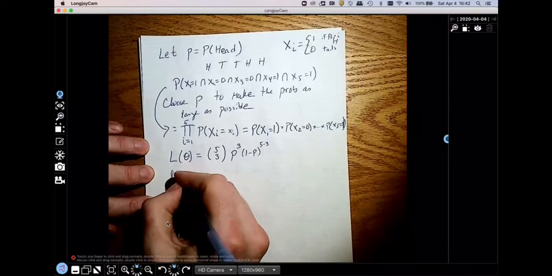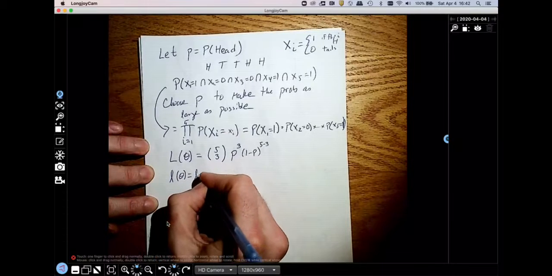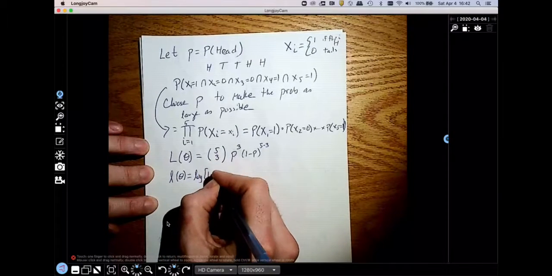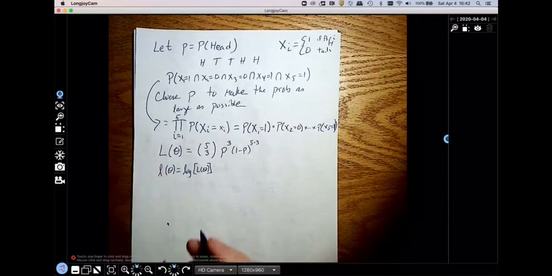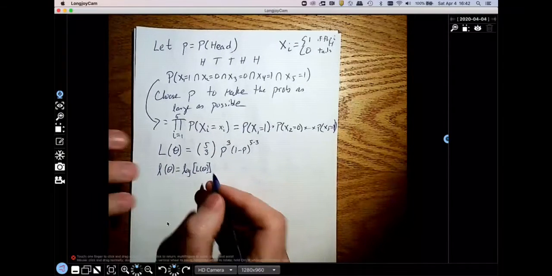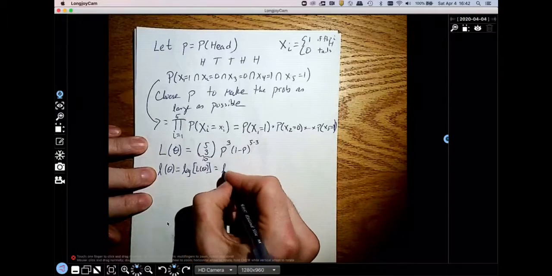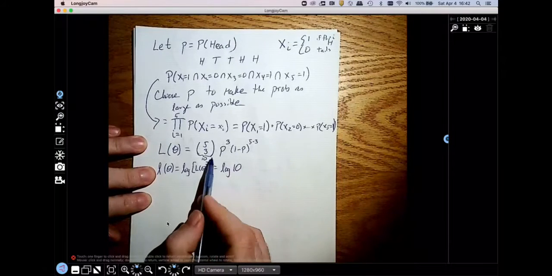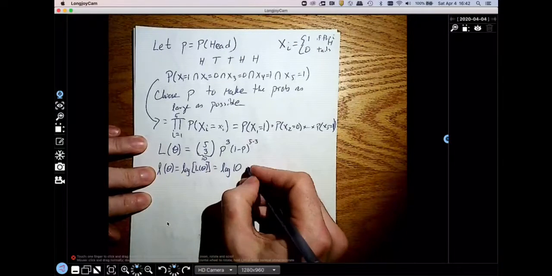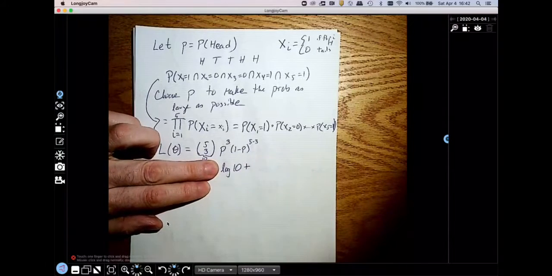The log likelihood, so little l at theta, is just going to be the log of L at theta, which is equal to the log of 5 choose 3, which, by the way, is 10. So this is going to be the log of 10. Now, this product is going to work out as follows. That product becomes a sum.